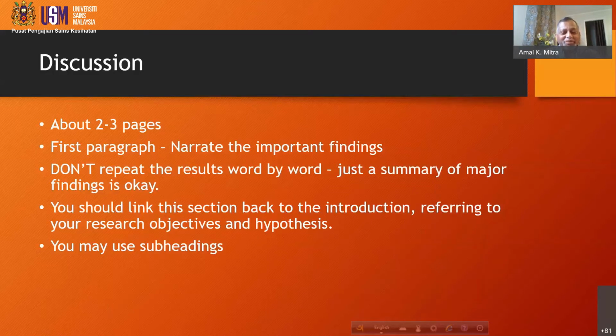The last paper I reviewed had only 2 paragraphs. I wrote back saying that your discussion must be expanded. About 2 to 3 pages of discussion is required. Try at least 2 pages, if not 3 pages.